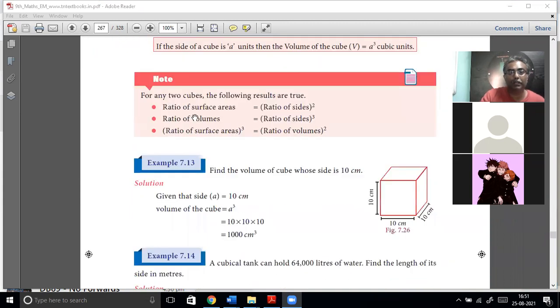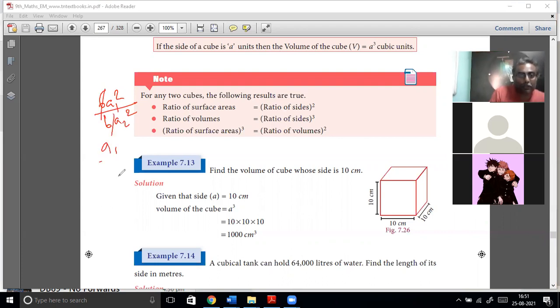Now you remember these things. In problems they may ask the ratio of surface areas, ratio of sides, all of that. See, the ratio of surface areas: 6A1 squared by 6A2 squared. 6 and 6 will go.